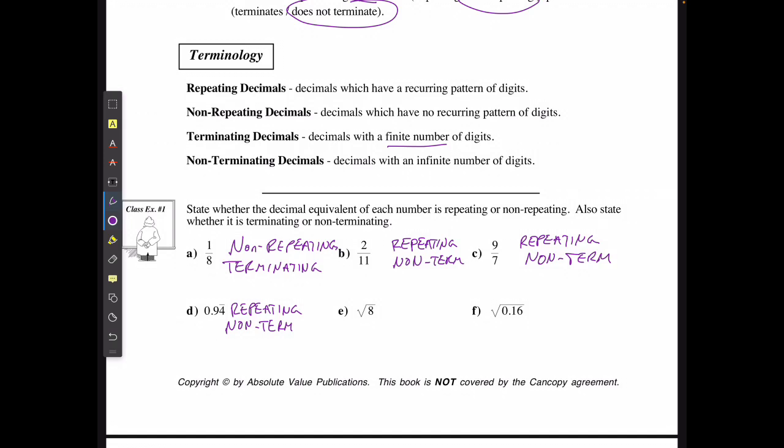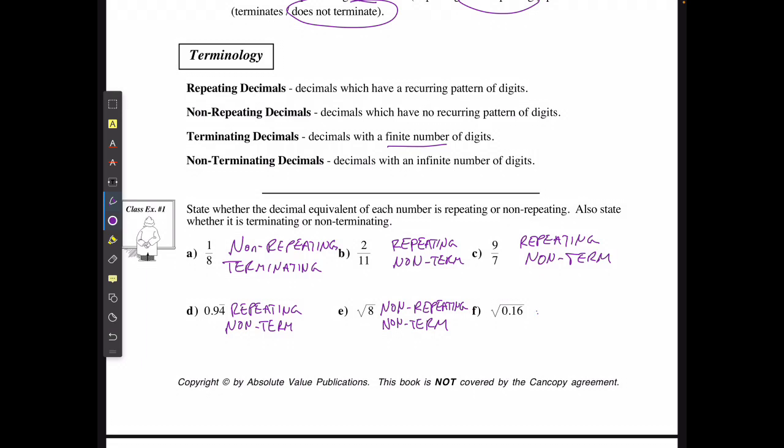When I get to the square root of 8, there is no repeating pattern, but it seems to go on forever. And when I put the square root of 0.16 in my calculator, I just get 0.4.